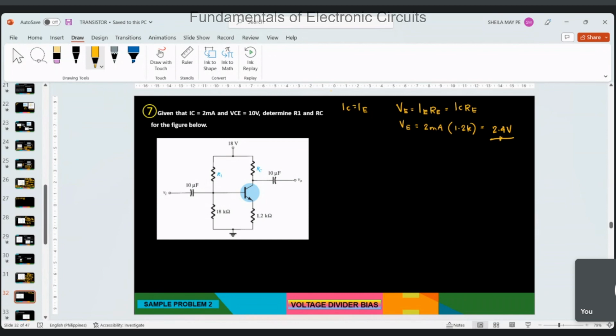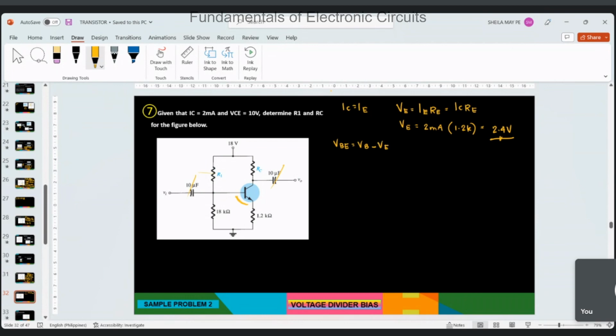Unsa pa ilang given diri, class? Naa tay VCC, naa tay R2, naa tay RE, naa tay VBE. Right? Given man naman si VBE. So VBE would be VB minus VE.